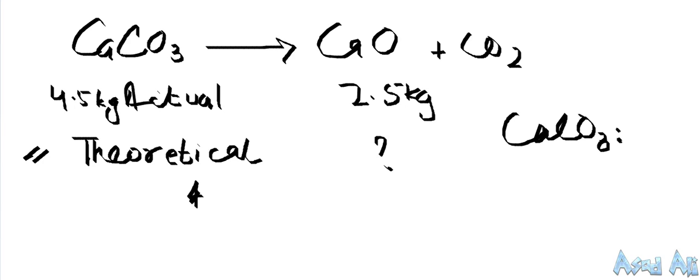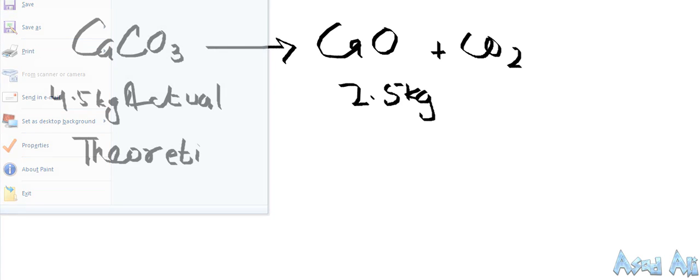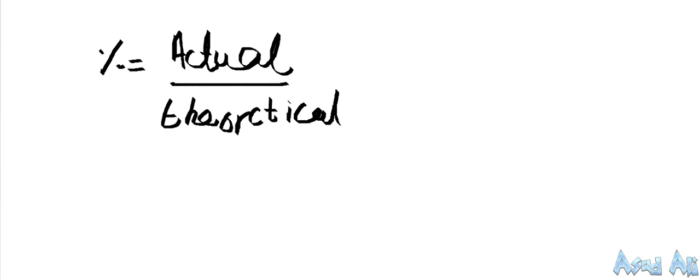The formula is simple. To find out the percentage yield, it is the ratio between the actual yield and the theoretical yield. As we are finding a percentage, we will multiply it by 100.